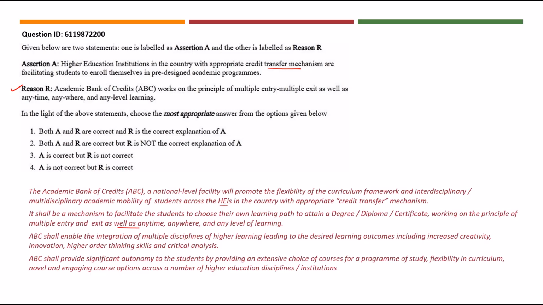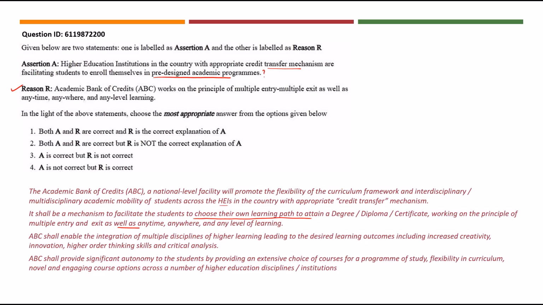But here there is something: facilitate the students to choose their own learning path to attain a degree or diploma or certificate. But here it is given as pre-designed academic programs, which is contradicting the choosing own learning path. So this we have to check.